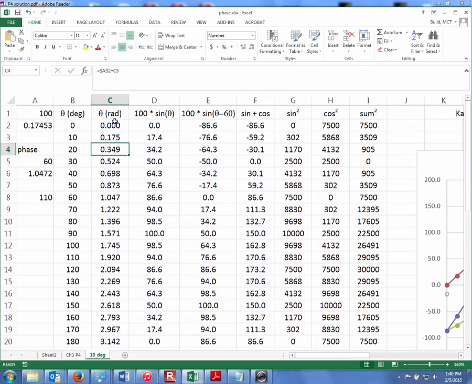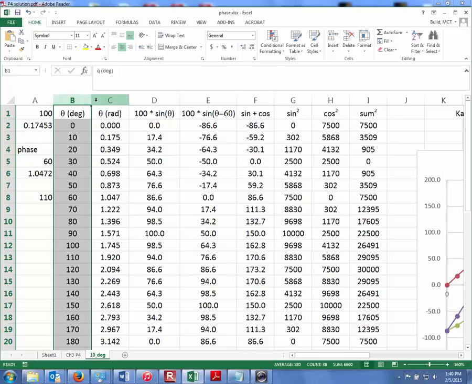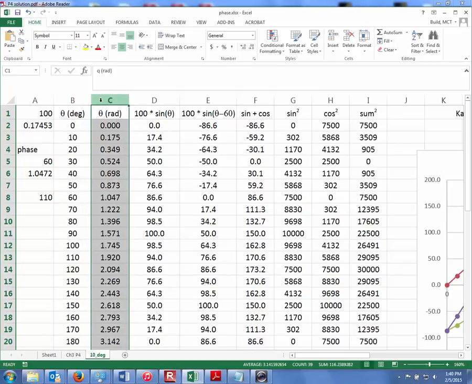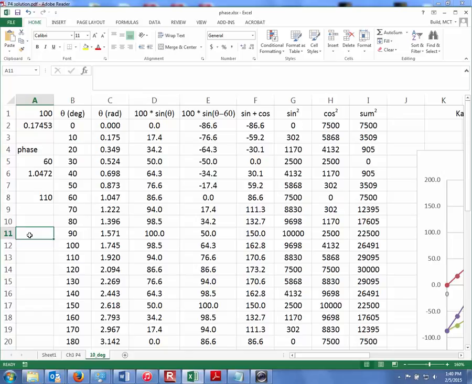So up here, there's my degrees column. Here's my radians. Excel wants to operate on radians, not on degrees, and we can test that out by typing an equals sign. First of all, what is the sine of 90 degrees? You guys remember? Either 0 or 1, and it's 1.